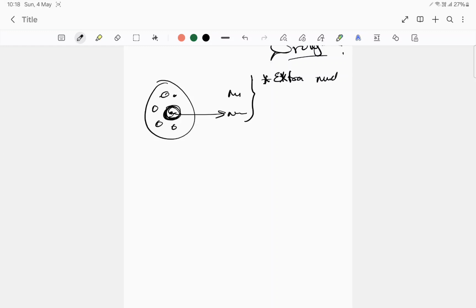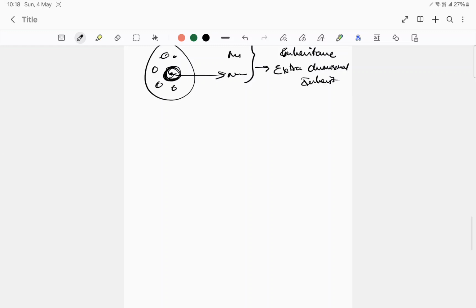The genes that are governed by cytoplasmic inheritance are known as plasma genes. This is a very important type of question. The genes governing cytoplasmic inheritance are said to be plasma genes or cytoplasmic genes.